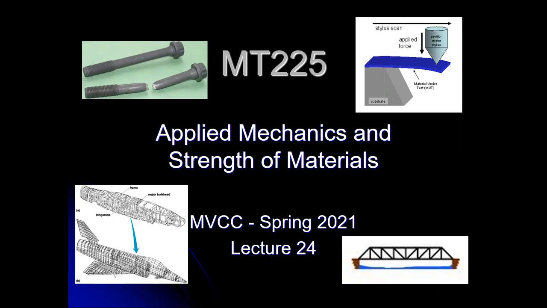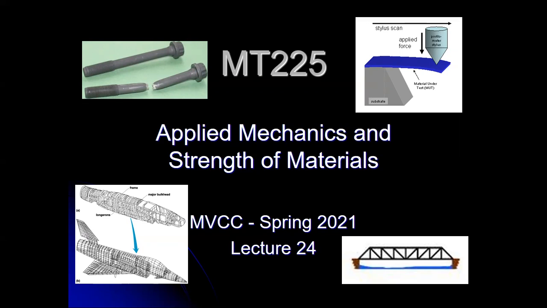So last week, we took a look at stress and strain, both in the normal case, when we apply tension or compression, and in the shear case, when we're trying to cut across something. Tonight, we're going to take a closer look at strength of materials and learn how to look at the properties of a particular material and determine whether or not it's going to be suitable in a particular size and shape to a load.